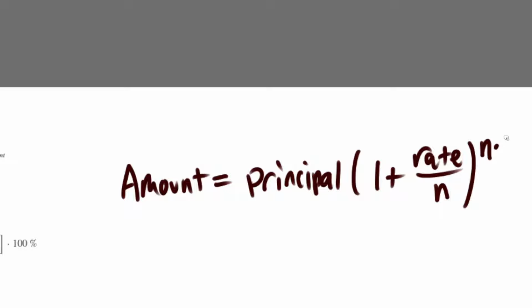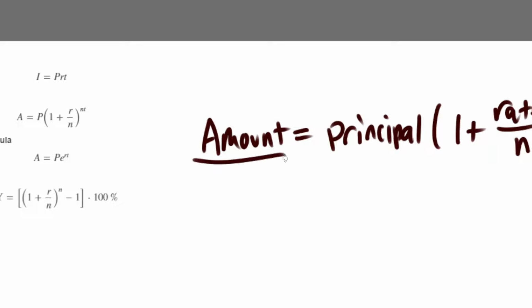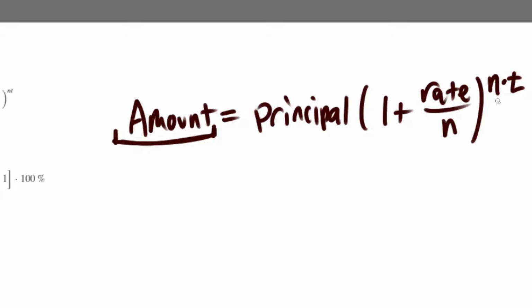This is an n times a t. So this one is saying this is the amount of money that you have after you plug it in with the compounding.